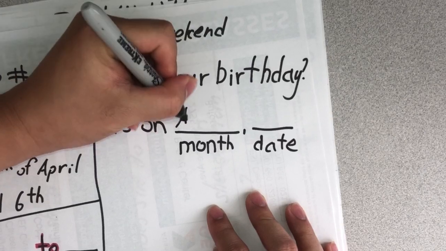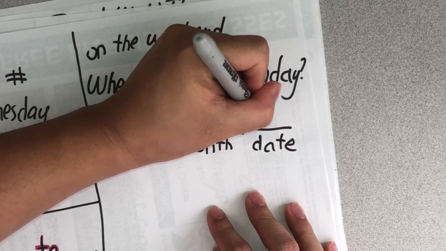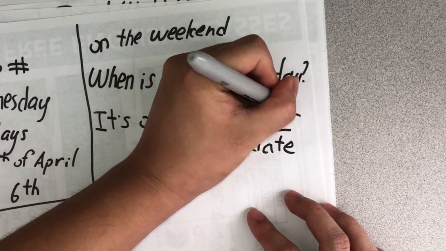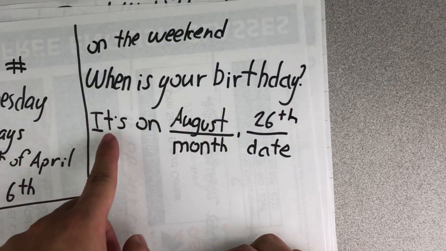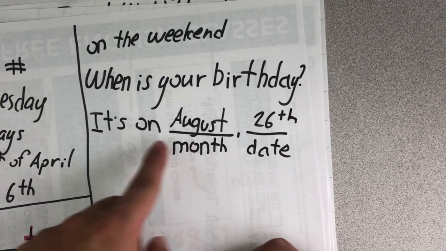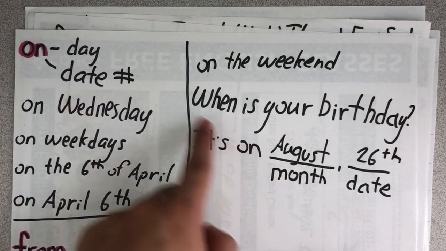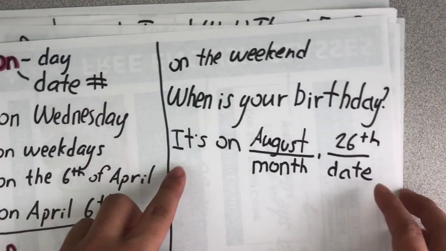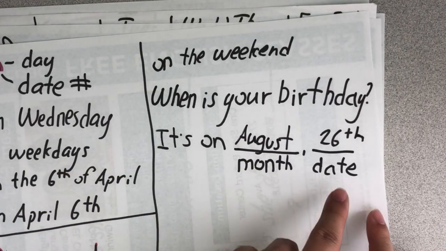It's on August 26th. That's an H. So when is your birthday? My birthday is on August 26th. It is on because I'm asking for the date. When is the date of your birthday? So tell me, when is your birthday? My birthday is on the month, the date.